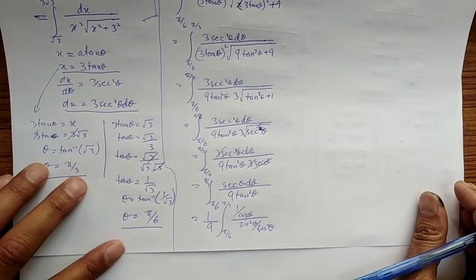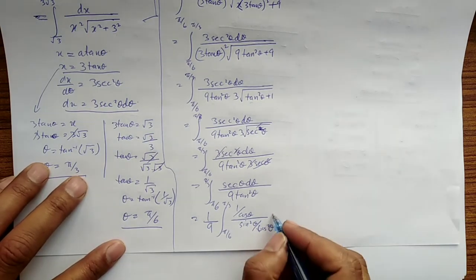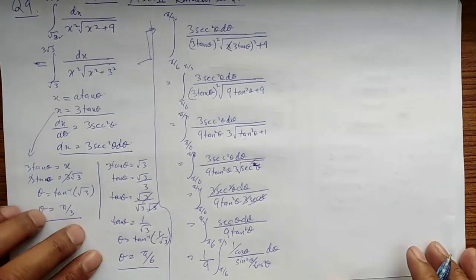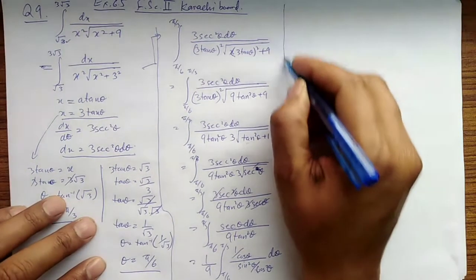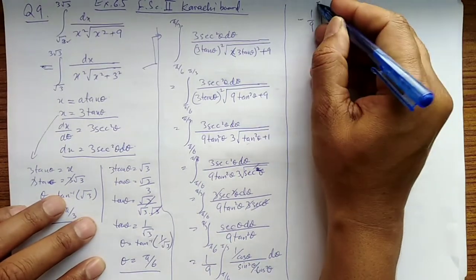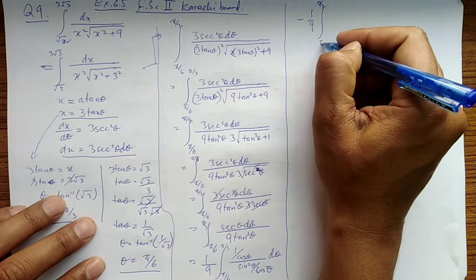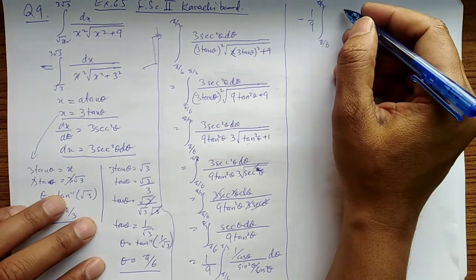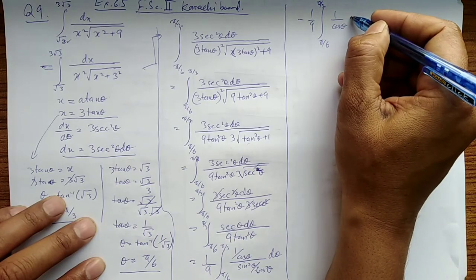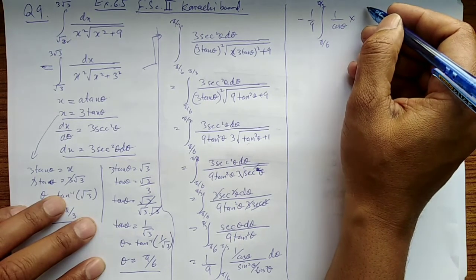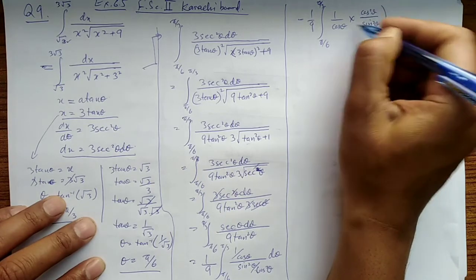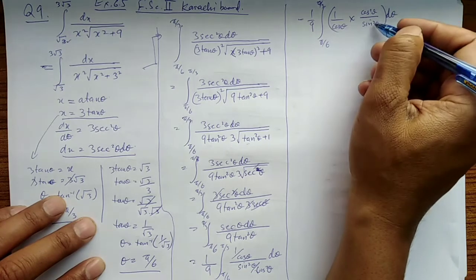I'm going to move the sheet upwards, d theta. Okay, now let's rearrange this one: 1 upon 9 integral from pi upon 6 to pi upon 3 of 1 upon cos theta, and in place of division I'm going to write multiplication, that is cos square theta upon sin square theta, d theta.